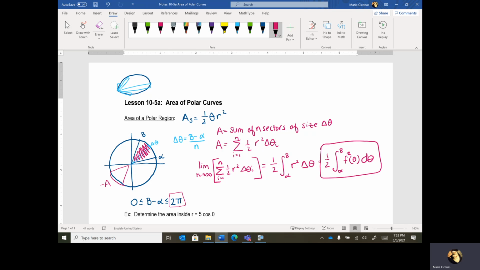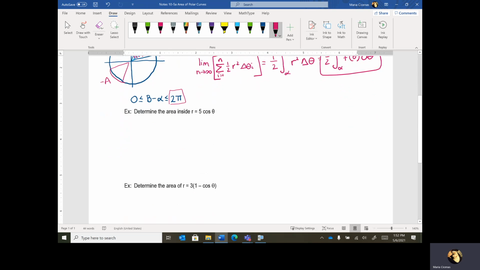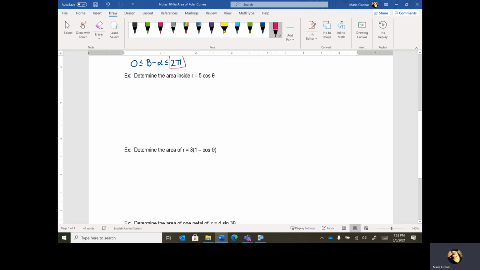And as we go through some examples, I'll point out how to avoid this, because sometimes with those polar graphs between 0 and 2 pi, you'll maybe trace it 2 or 3 times. The best way to avoid those potential issues is to just use the symmetry that we'll have at our disposal. Okay, but let me make that more clear by just getting into an example, because that's probably kind of vague right now.